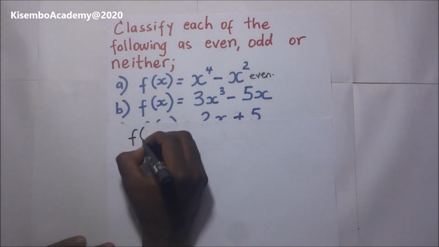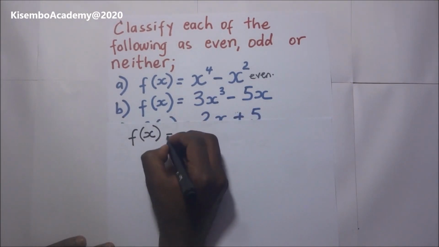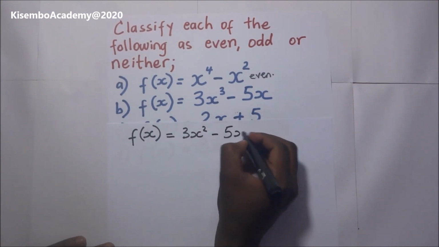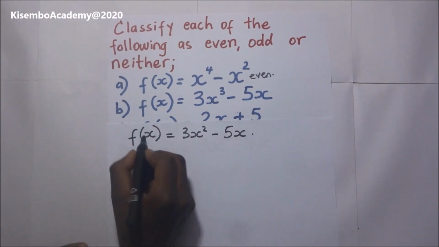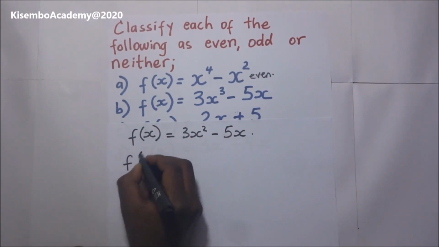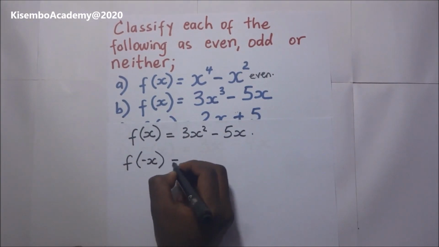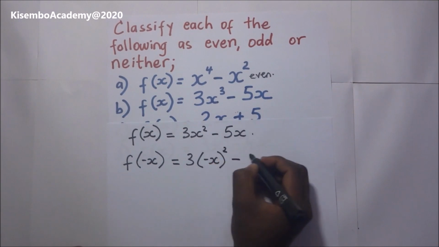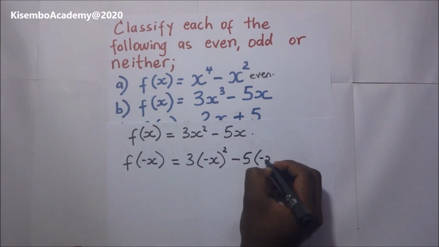Part B: f of x is 3x cubed minus 5x. Let's plug in a negative here and see what we get. So f of negative x is going to give us 3 into negative x to the power 3 minus 5 into negative x.